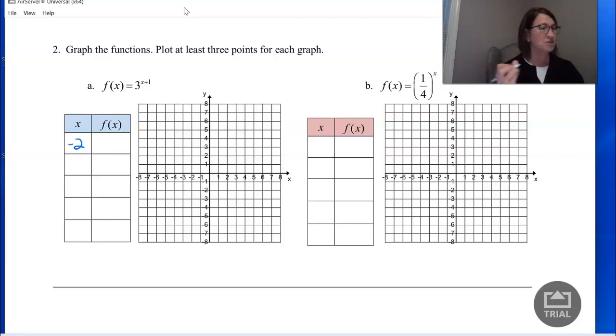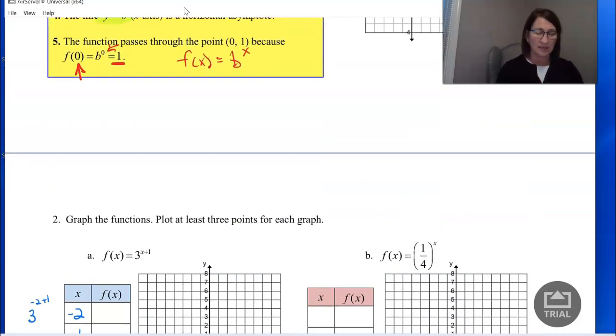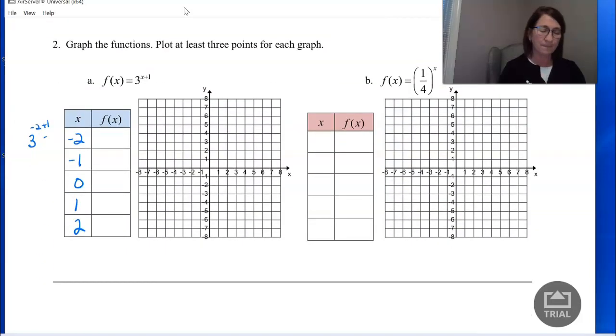You can pick whatever x you want: -2, -1, 0, 1, and 2. When I plug in -2, I've got 3 raised to the -2 plus 1, that gives me 3 to the -1, which is going to be 1/3.